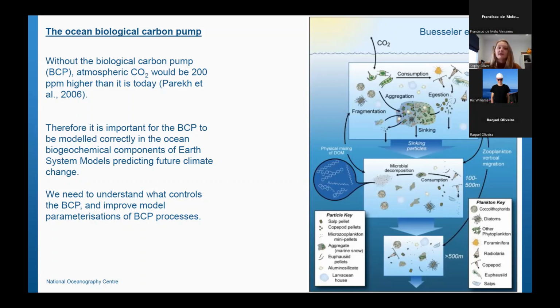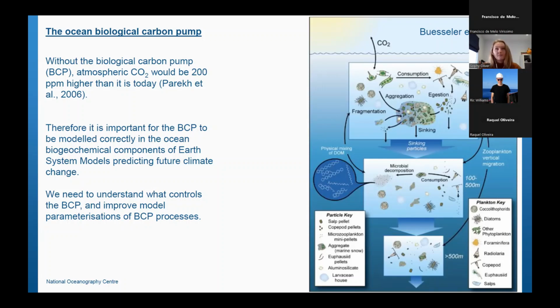So the biological carbon pump is very important for our climate, and therefore very important to model correctly in the biogeochemical components of Earth system models that we use to predict future climate change and inform policymakers in IPCC reports.